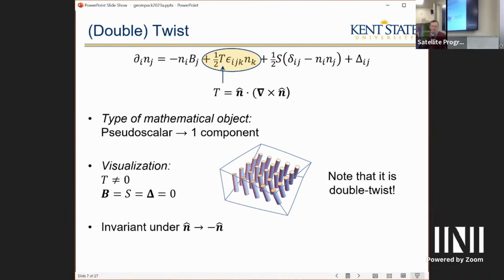Liquid crystal people sometimes call that double twist. It has to be the same all around because it is a scalar. It doesn't have any direction. Okay, so this is the visualization of that. And once again, you can see that it's invariant under the transformation of n to negative n. So again, there's no sign ambiguity.